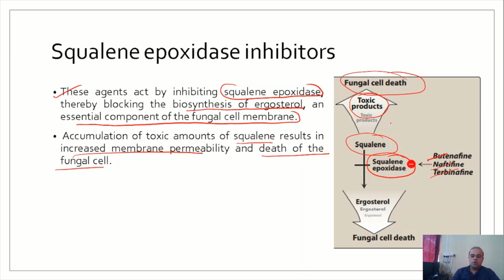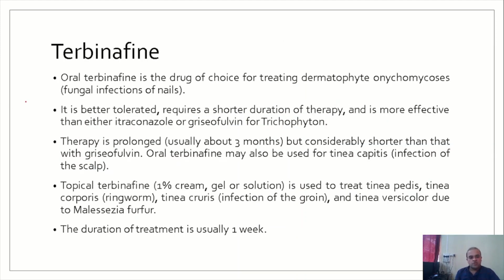Okay, so next, the first drug in that is terbinafine. Oral terbinafine is the drug of choice for treating dermatophyte onychomycosis, which is nothing but fungal infections of the nails.